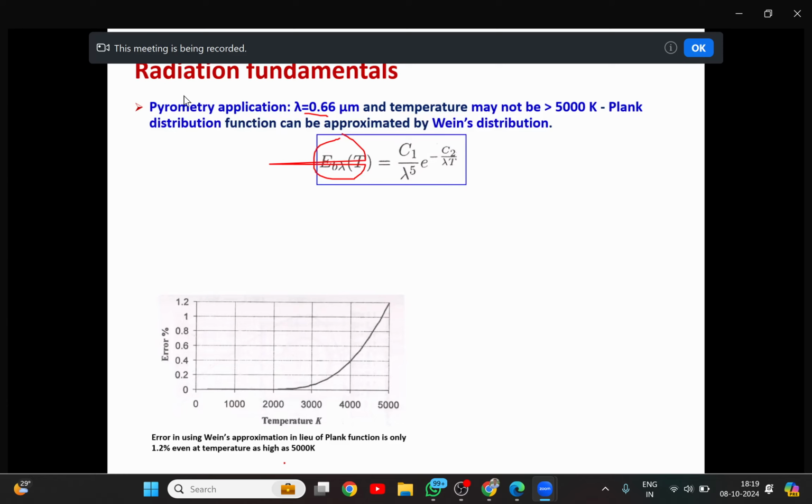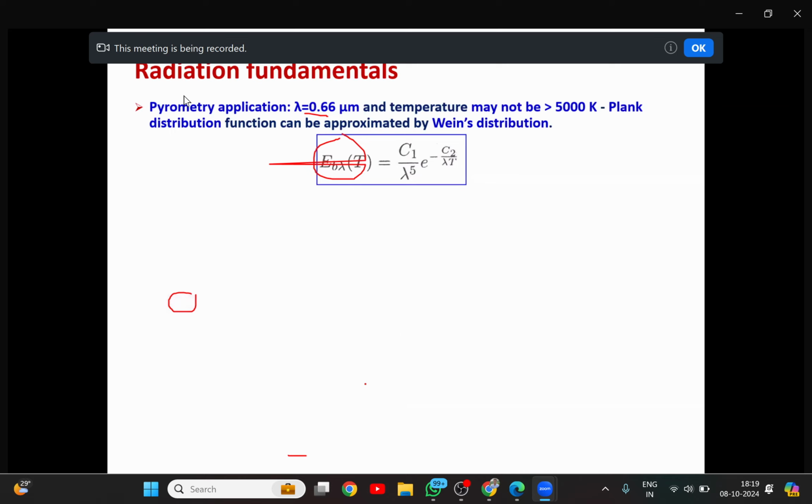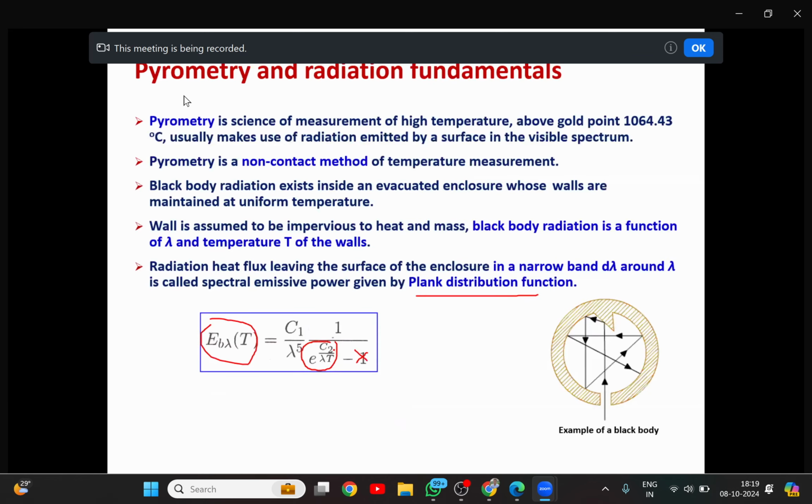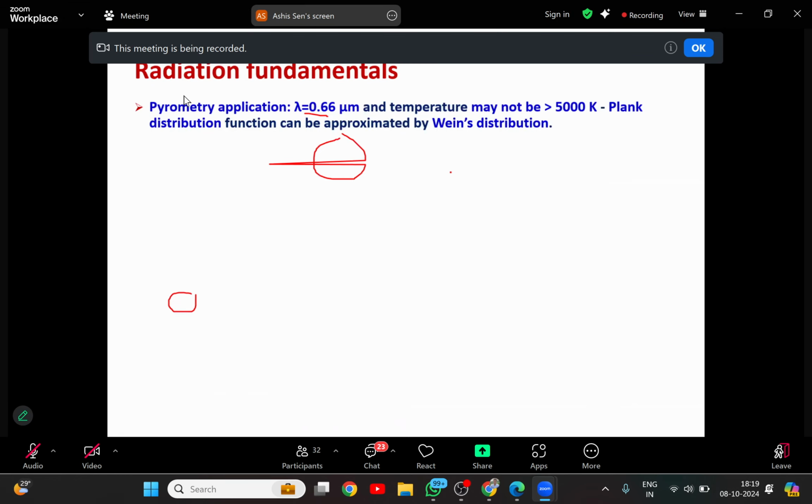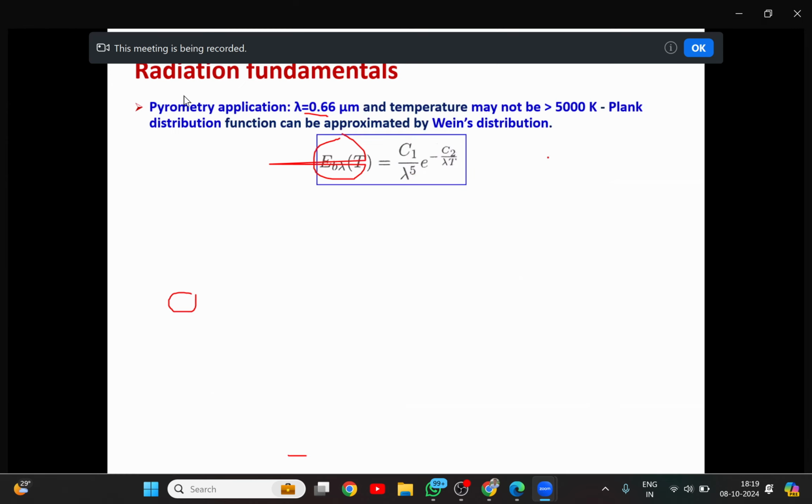You can see that even at a temperature of 5000 Kelvin, the difference between the two is only 1.2%. That means instead of using the relatively complicated formula, you can just use Wien's distribution with this simpler formula.